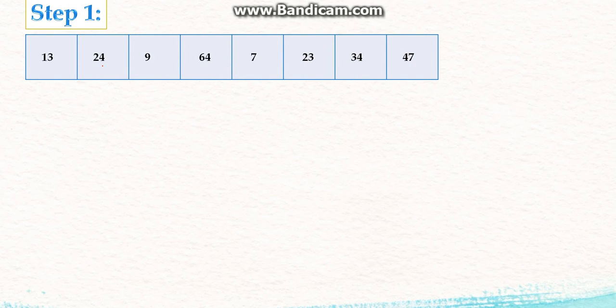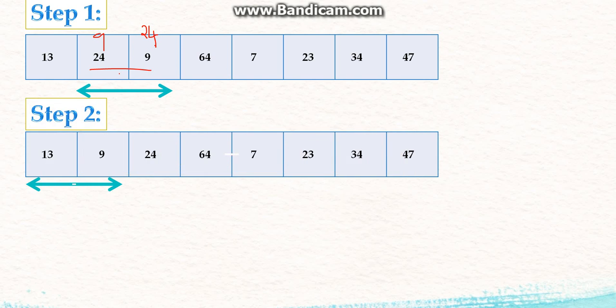See, 13 is here and 24 is here. Next, we are going to compare 24 and 9. After comparing 24 and 9, it is unsorted. So 24 will be here and 9 we will move here. So this is how it is moved, 9 and 24.